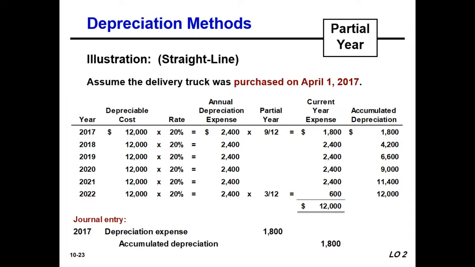Similarly, in the last year 2022, because we will not wait until the end, the life of the asset will finish at the end of March in 2022. Only 3 months depreciation you should record for the last year. So that's why it is 2,400 multiplied by 3 over 12, and your depreciation for the last year is 600, not 2,400. Is it clear? The calculation of 600.